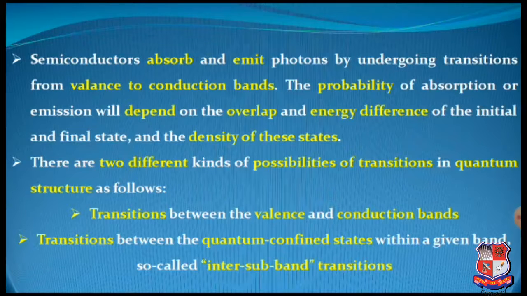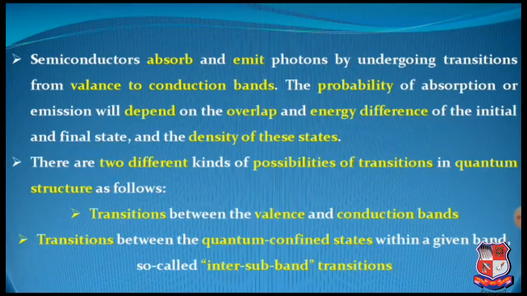In order to consider these two parameters, there are two different kinds of possible transitions in a quantum structure. If you are considering any material, semiconductor, conductor, insulator or superconductor, the transition of electrons will be of two possibilities.